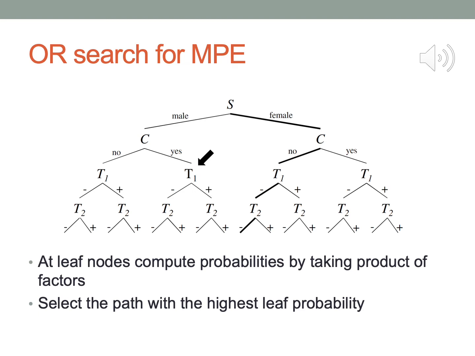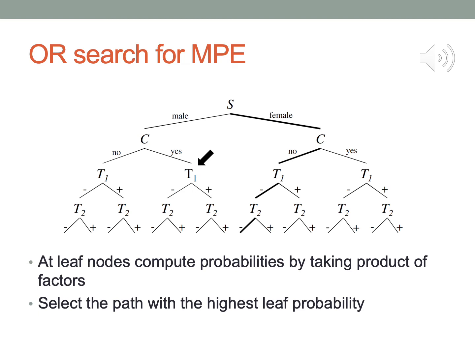All you have to do is at each leaf node, you compute the probability of that assignment by taking a product of the appropriate factors. So you project the assignment on the factors, on each factor, and take the product of the number that you get from each factor. So now each leaf node, if you do that, will be associated with a value, right? And this is the probability of the assignment along the path from the leaf node to the root node in the OR tree.